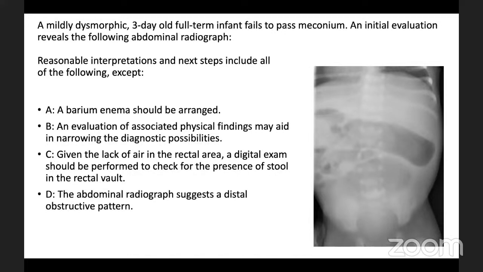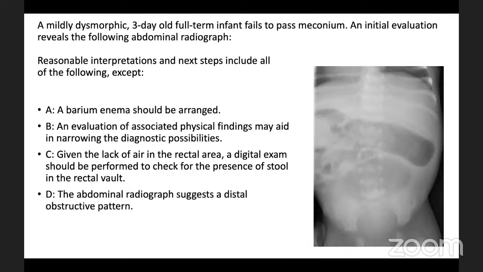A mildly dysmorphic 3-day-old full-term infant failed to pass meconium. An initial evaluation reveals the following abdominal radiograph. Reasonable interpretations and next steps include all of the following except: A, a barium enema should be arranged.